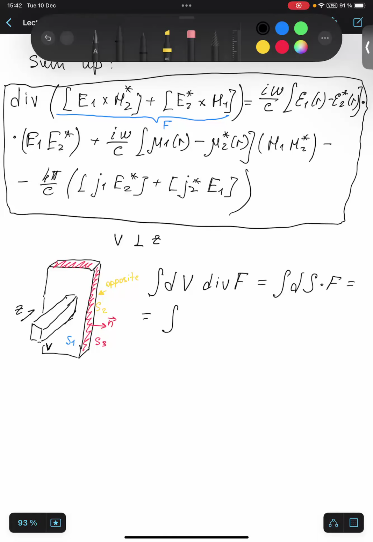So first of all, we can write ds over S1 f, but we also should write the normal vector z, and in this case there should be minus.